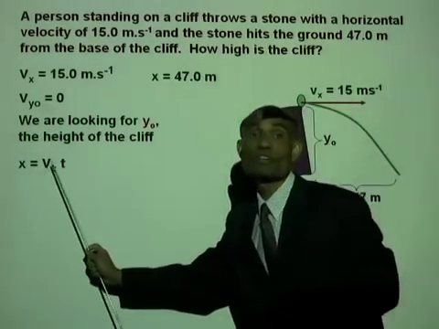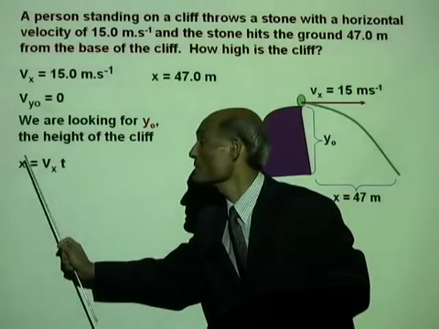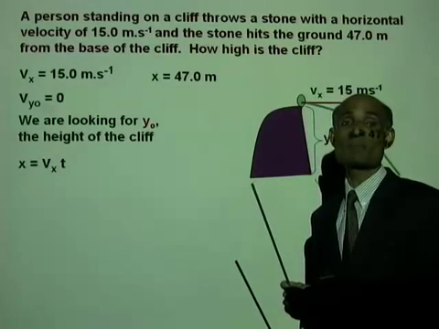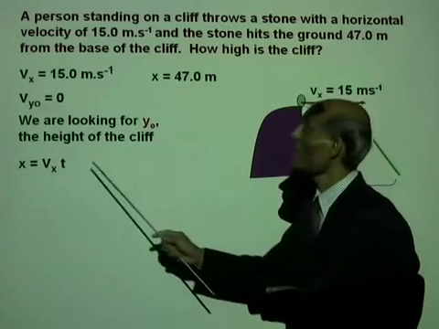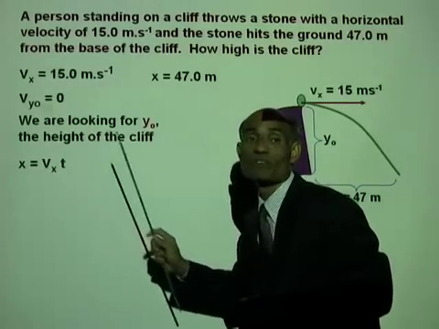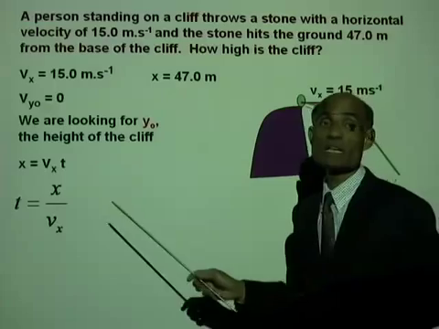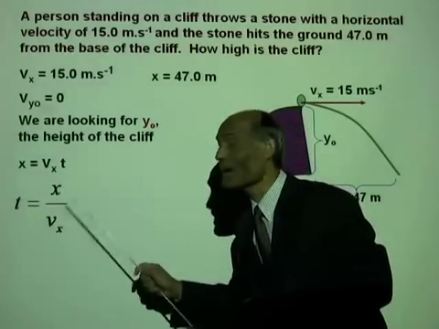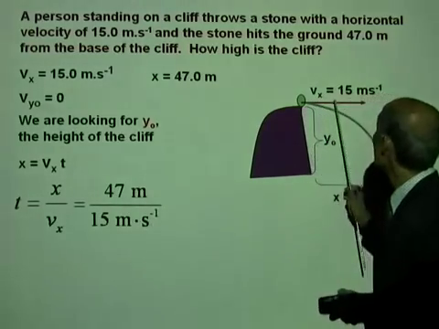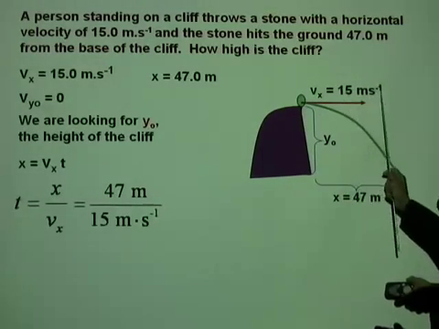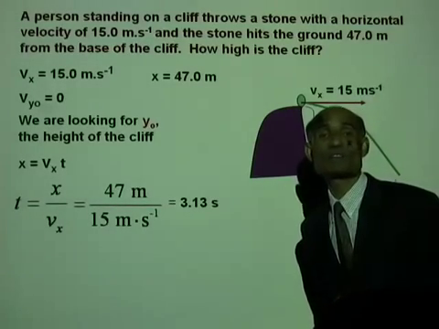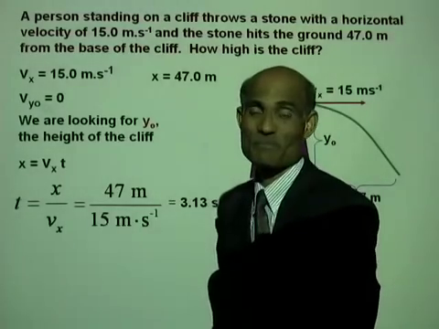Well, we first use the horizontal displacement, x equal to Vx times t. We know x, we know Vx, we can find t. So t equal to x divided by Vx. That will be 47 meter divided by 15 meter per second, and that will be 3.13 second.